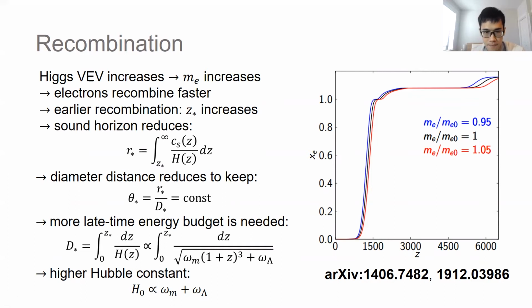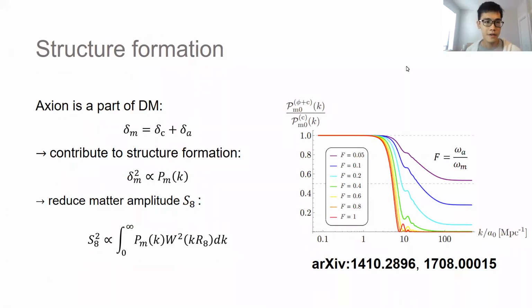Axi-Higgs also modifies structure formation after recombination, because at this time axions behave just like dark matter. However, they still have some fundamental differences. As you can see on the right-hand side here, I have the total matter power spectrum.